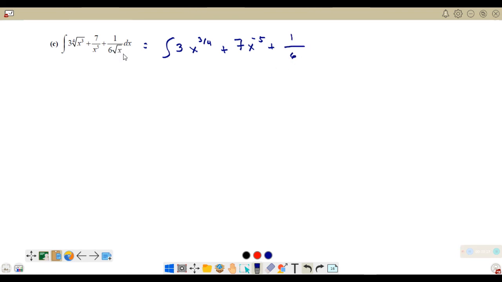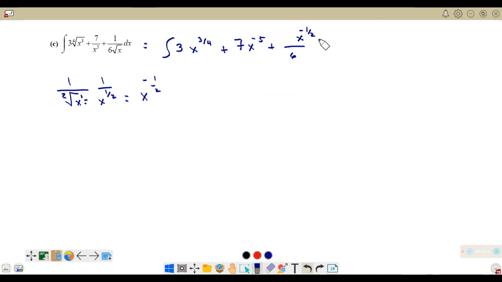Meron kang square root of x. Si square root of x ay equal sa, meron siya ditong power na 1, tas meron siyang index na 2. X raised to 1/2. Nasa ilalim siya. So, magiging x raised to the negative 1/2 siya. So, 1 over 6, si 6 ay nasa baba pa rin, pero si x ay nasa taas na, having the power negative 1/2. Since our numerical coefficient is 1, we can simply remove it.